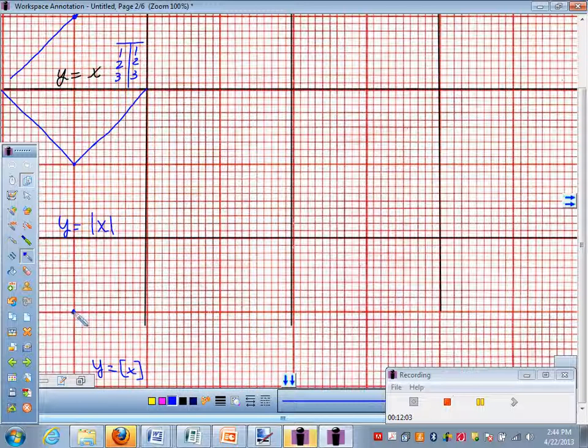So you start at the origin, you go over 1 unit, leave an open circle because you're going to hop up to the next point.